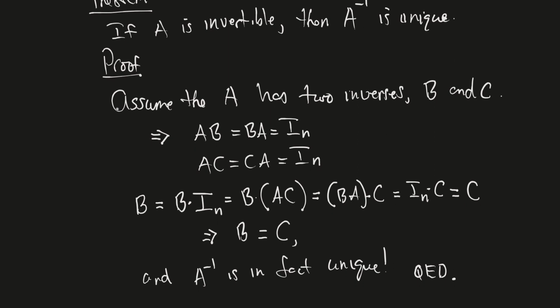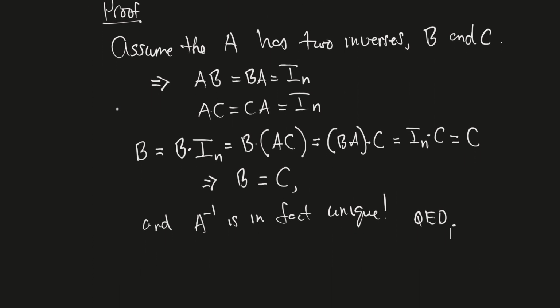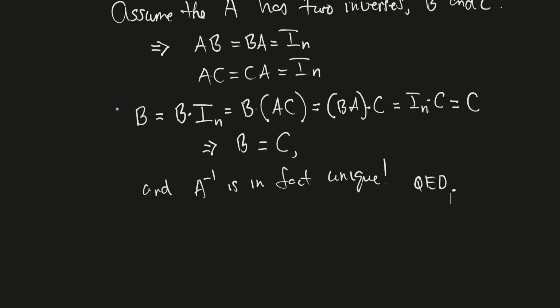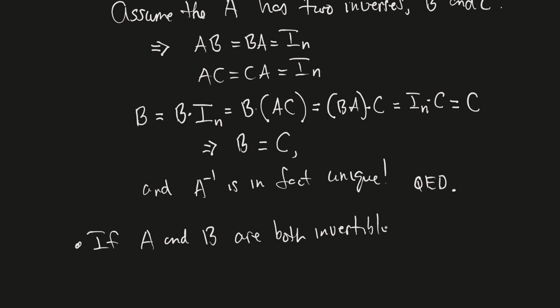Now, another one that seems like it's out of left field is this question. If A and B are both invertible, what about the product AB? So the question is, is A times B also invertible?